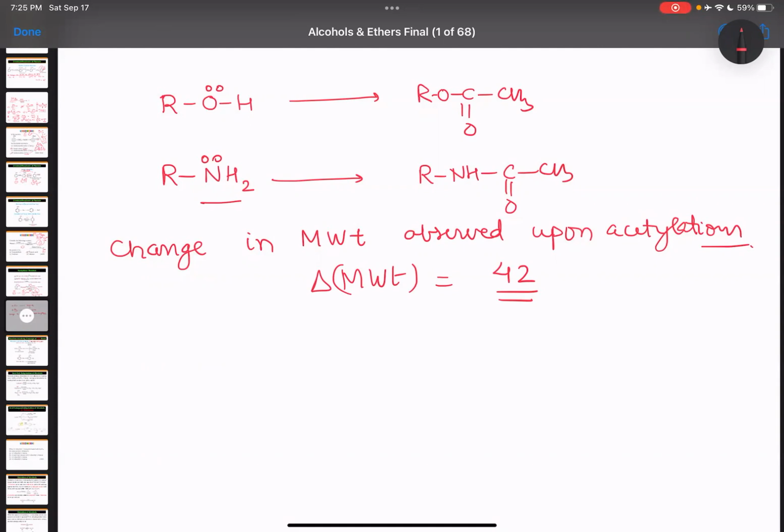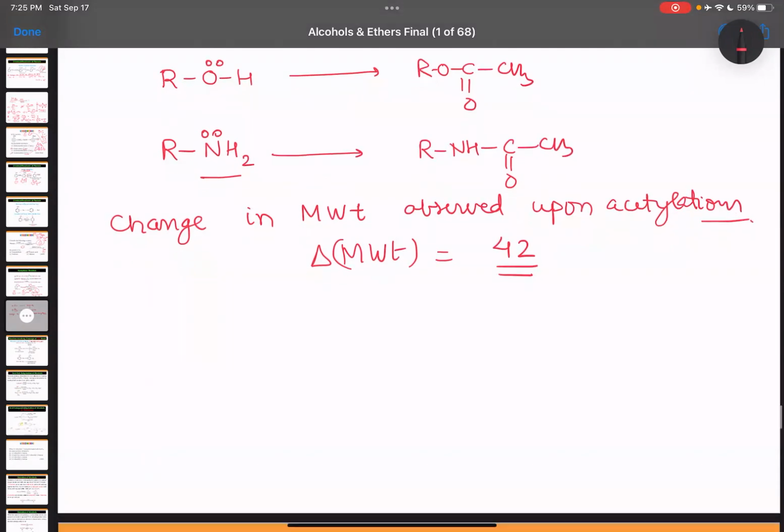Actually, it will be used to estimate the number of OH groups. So suppose if you take glucose molecule, glucose is this one. Upon acetylation, what will be the change in molecular weight observed for glucose?